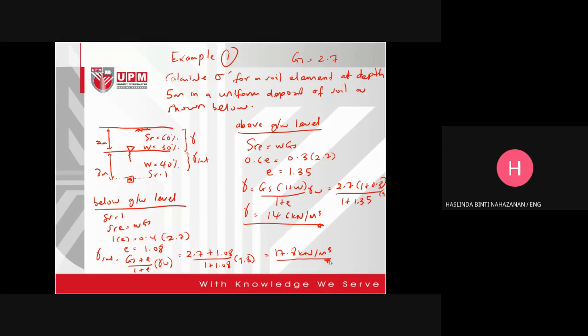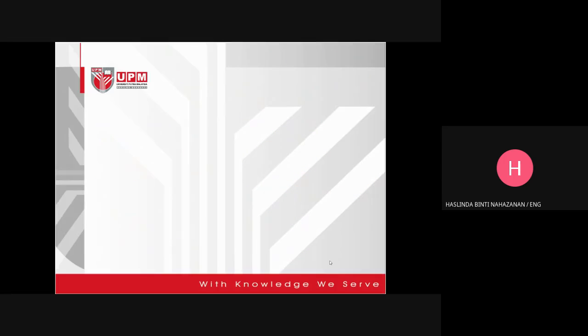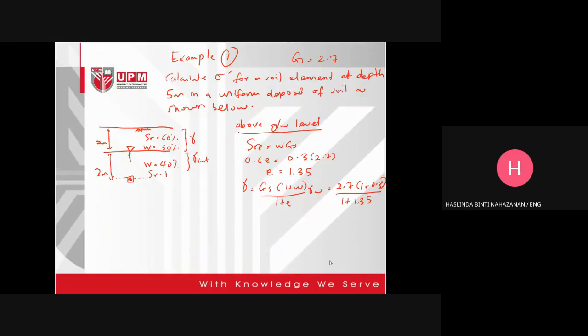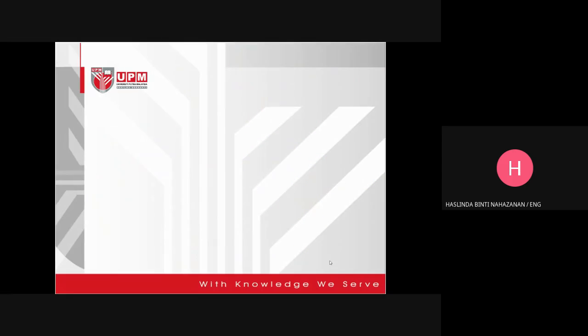Using that information, we can calculate our total stress. For the first 2 meters, unit weight multiplied with 2 meters plus saturated unit weight multiplied with 3 meters, since we are talking about stress at 5 meters.